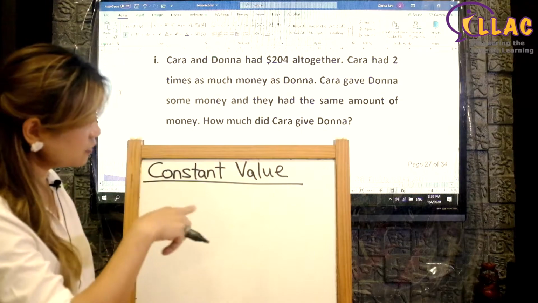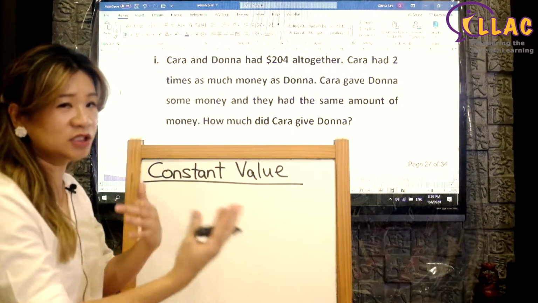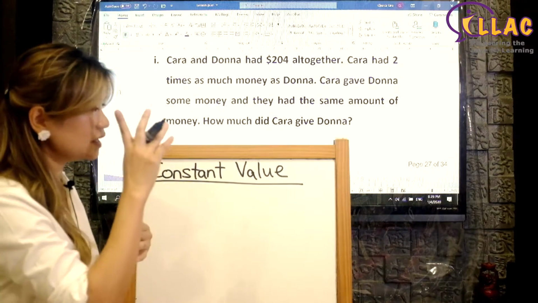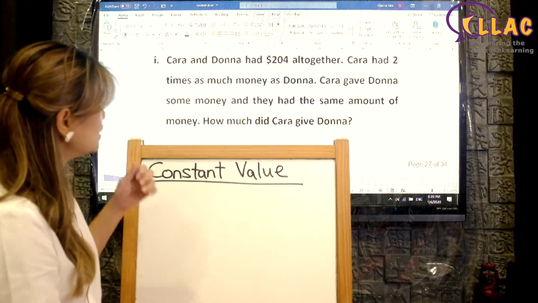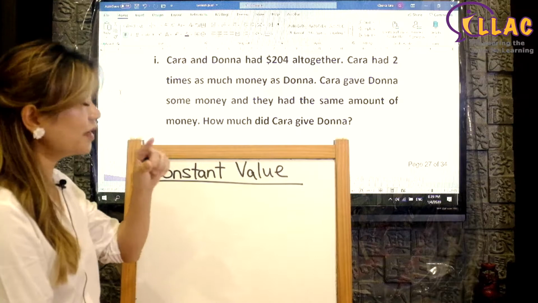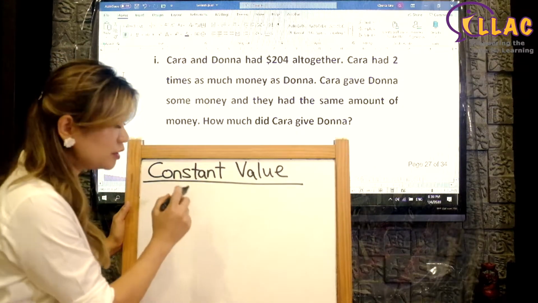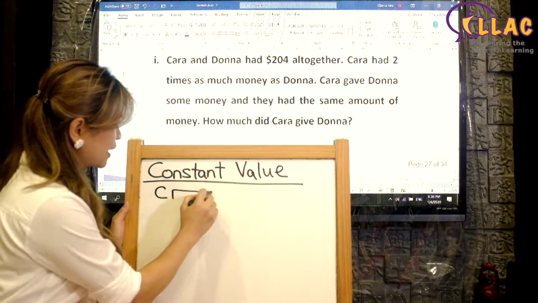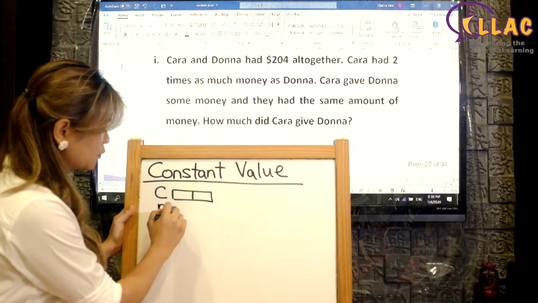In this kind of question, you notice that there is the before and the after. The situation actually changed, so you need to ask yourself, what is the constant value over here? Who did not change? In this case, Kara and Donna had $204 altogether. Kara at first had 2 times as much money as Donna. So if you were to draw the model, you draw 2 units for Kara, and Donna is 1 unit.